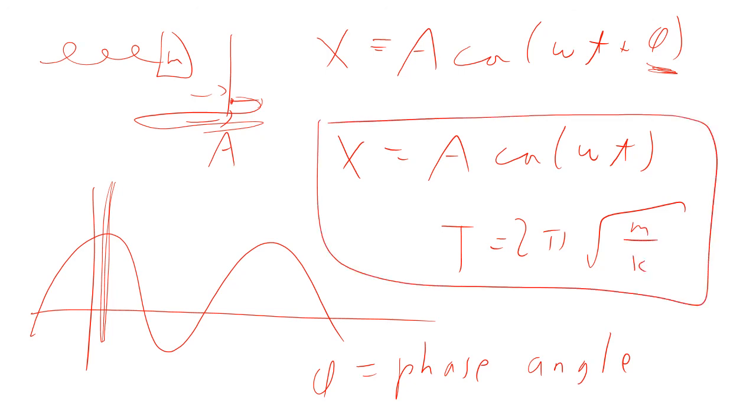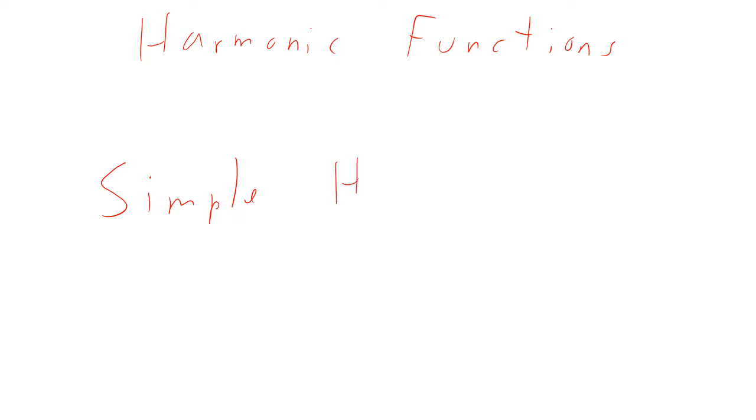Now, this can be described with a sine or cosine. Sine and cosine are called harmonic functions. We are describing this motion with just one harmonic function, so we call this simple harmonic motion.